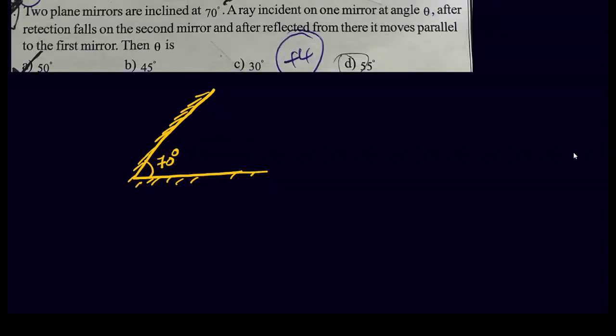Two plane mirrors are inclined at an angle of 70 degrees. A ray of light is incident on one mirror at an angle of theta.